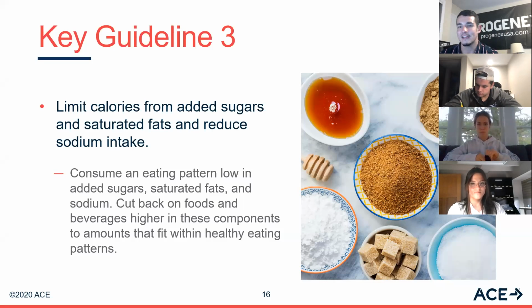Apparently we're living at a time in history where eating meat is simultaneously the cure to everything, and also going to give you cancer and you'll die if you eat meat. So you kind of have to take everybody's opinions with a grain of salt, but this is ACE's stance and the government stance basically, that we should limit calories from added sugars and saturated fats.